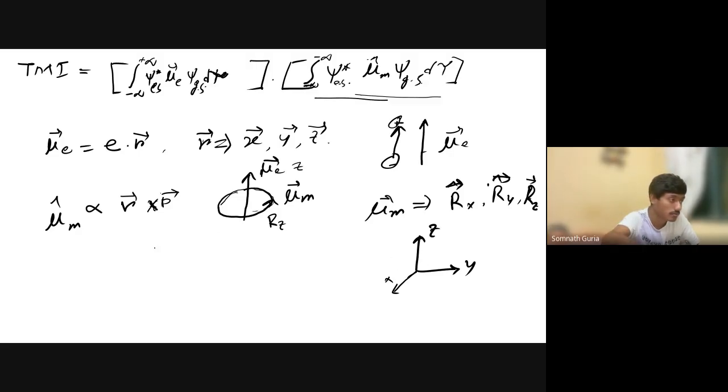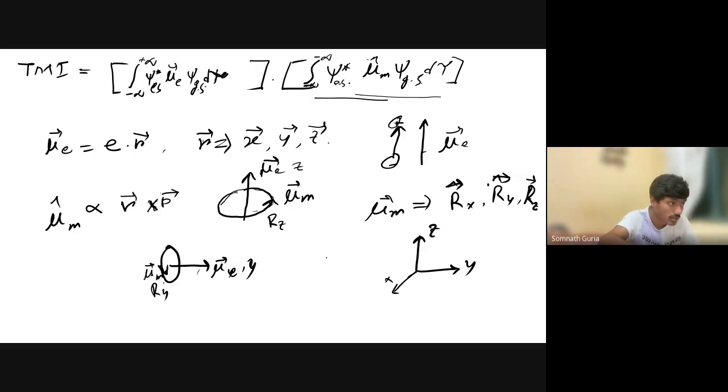We have something called rx. This will be my mu y, mu e with respect to the y direction, and this will be my mu m associated with that, which is ry.